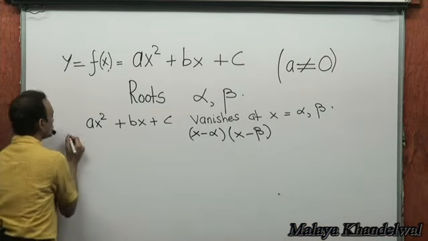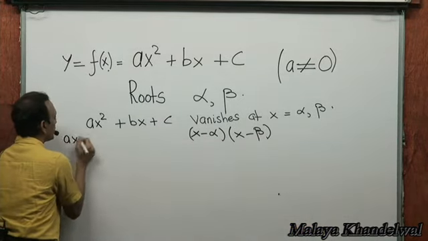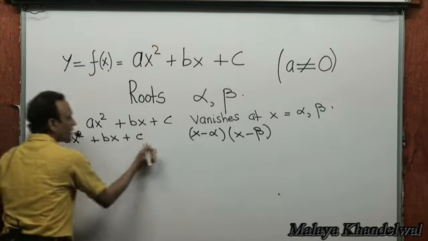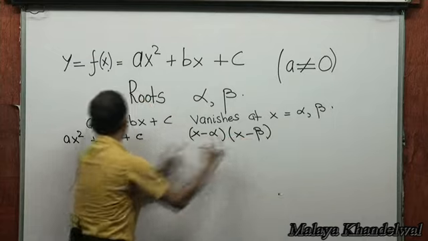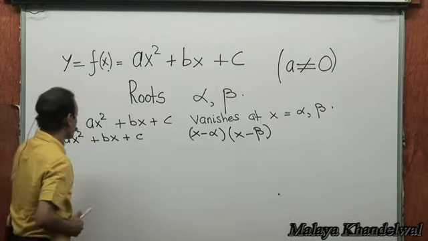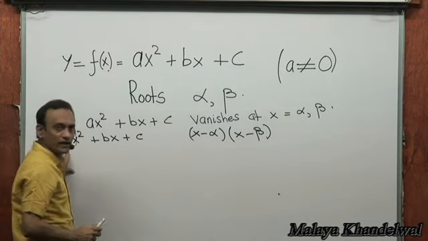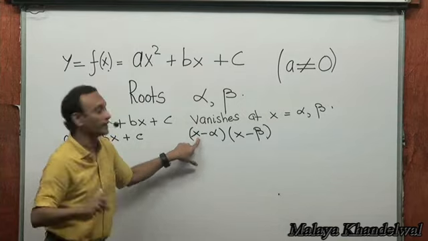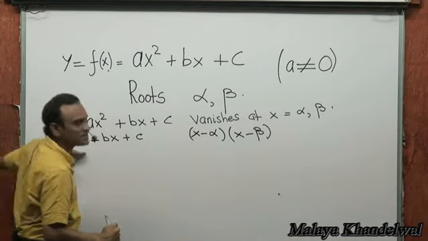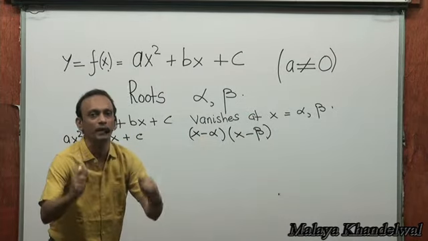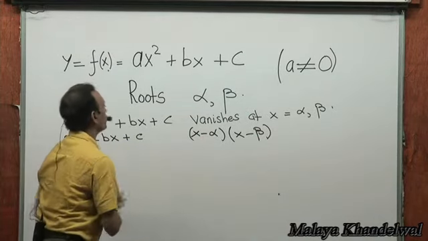Now, to write it as an identity, ax squared plus bx plus c. Can I write this expression identically equal to this? No, not yet. Because the coefficient of x squared on the left hand side is a, whereas the coefficient of x squared on the right hand side is 1. Now, we want to make sure that if this expression is identical to this expression, then the coefficient of equal powers of x is the same on both sides.